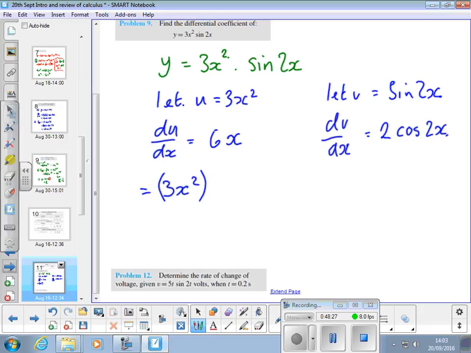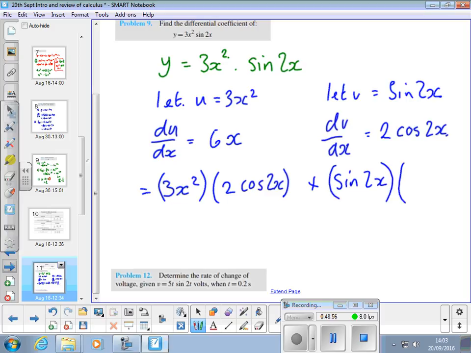Multiply it by dv by dx, 2 cos 2x, and add to that v, sine 2x, multiplied by du by dx, which is 6x.